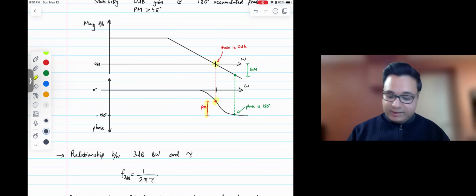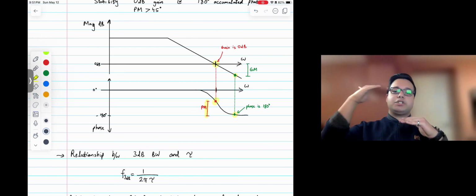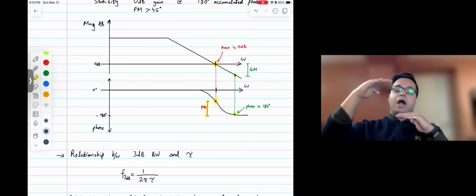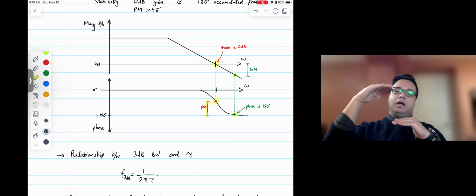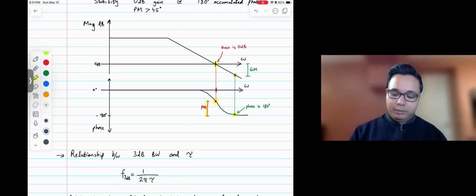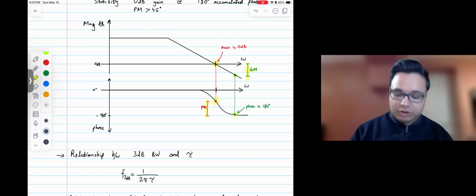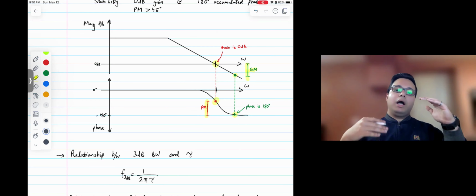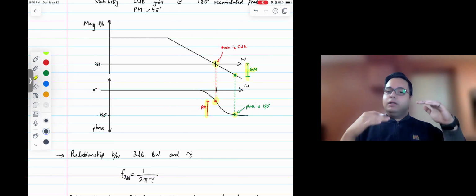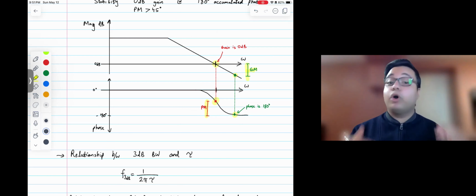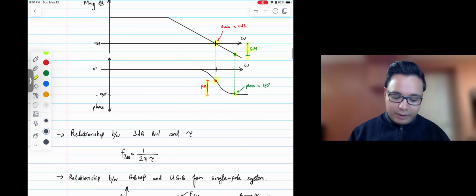When the phase is 180 degrees, you look at the gain and how far below the 0 dB point it is. So that's the gain margin. The further below 0 dB of gain you are, the more gain margin you have, to be specific.